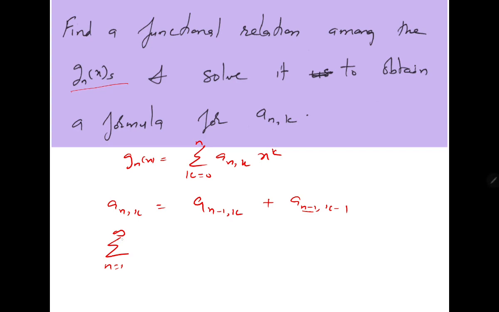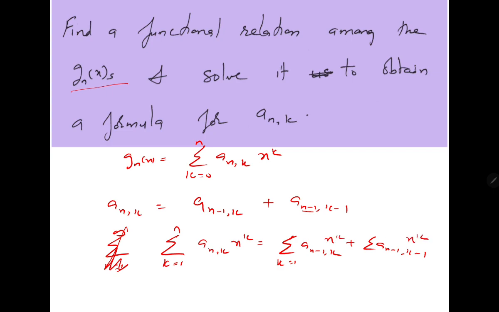So starting from, let's write it like, k from 1 to n, a_n,k x raised to the power k is a_n minus 1,k and a_n minus 1,k minus 1, and x raised to the power k is there.